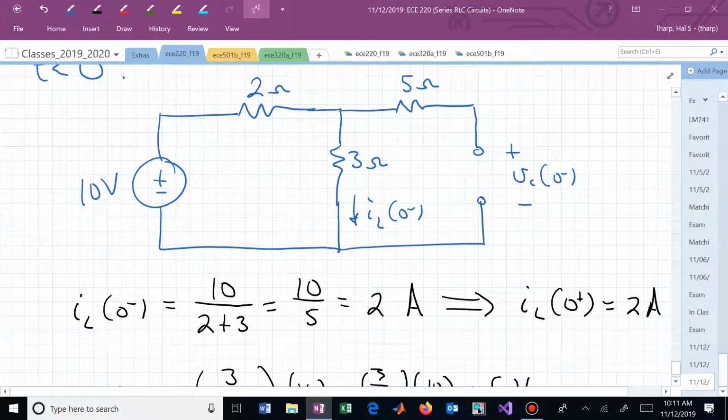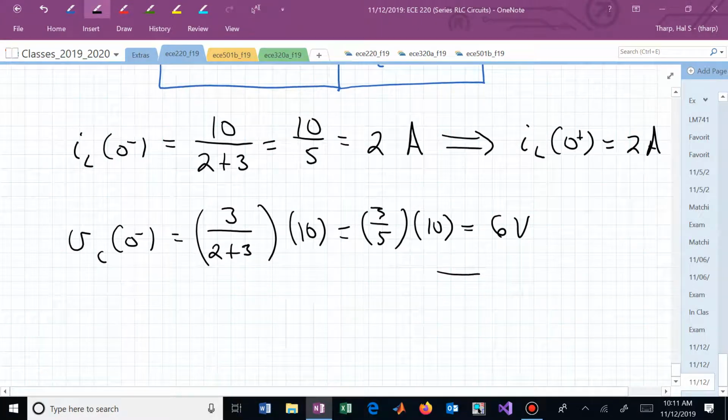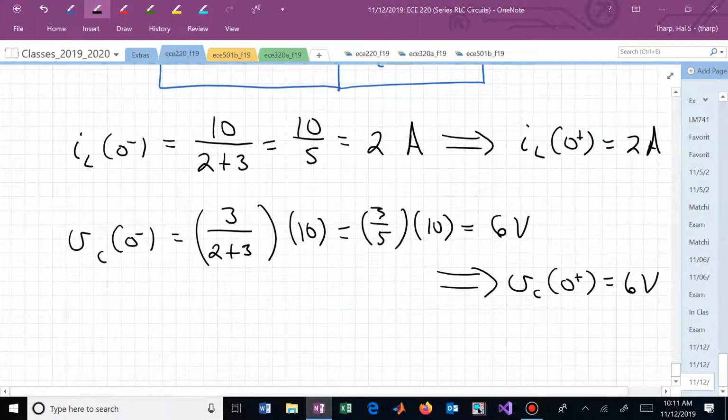That supply voltage gets divided among the 2 ohm resistor and the 3 ohm resistor, and the only piece that the capacitor sees is the voltage dropped across the 3 ohm resistor. So now we know V sub C of 0 plus.